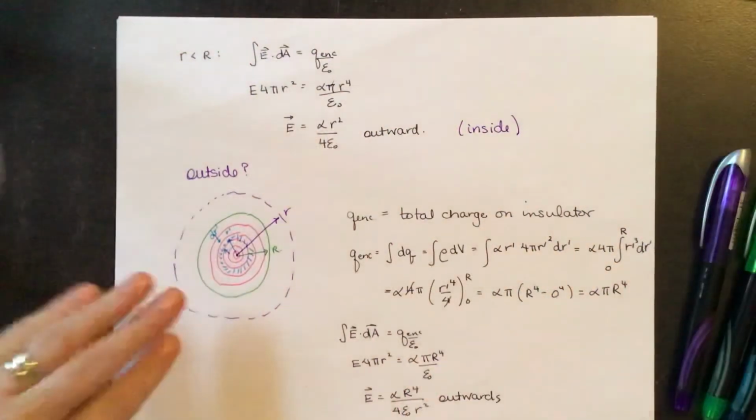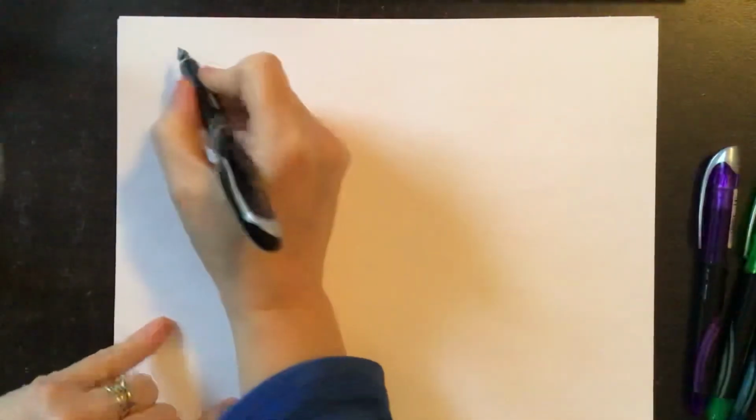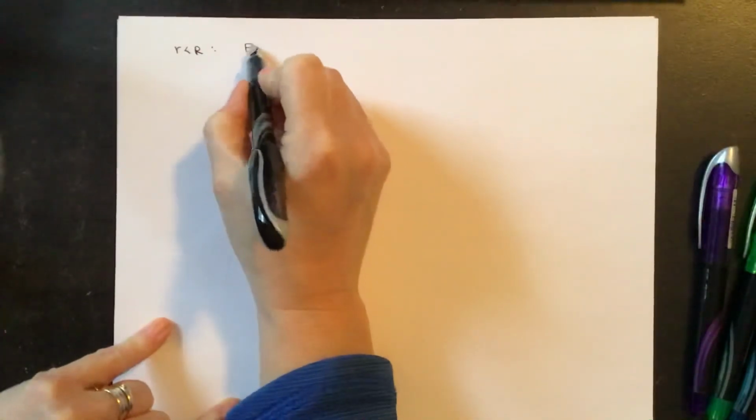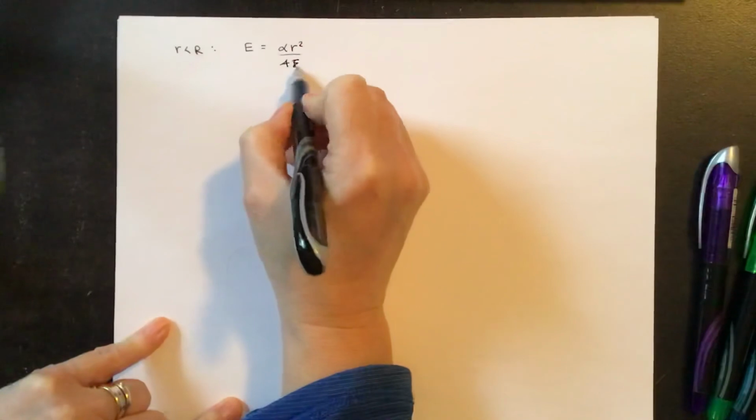Of course, it could be pretty interesting to draw a graph of that electric field, mostly because physicists tend to graph everything. So if we were going to graph everything, why don't we just write down those two equations? So if r is less than R, our electric field is alpha r squared over 4 epsilon naught.